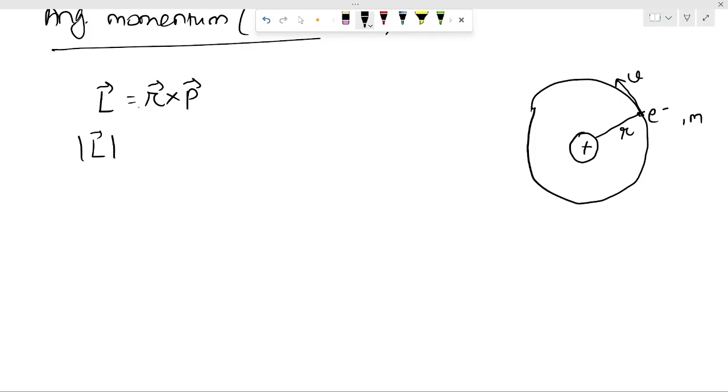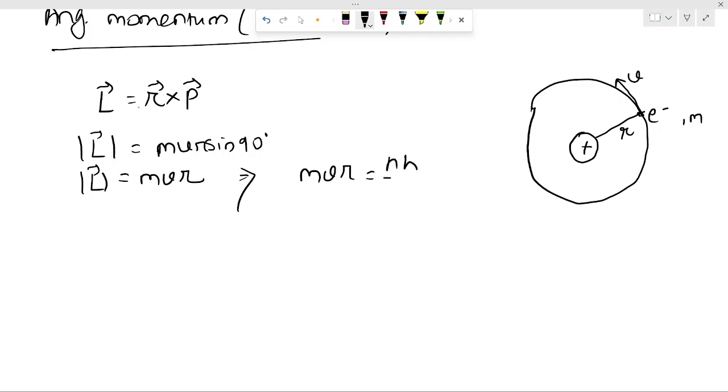The magnitude will be equal to mvr sine of the angle between them, that is sine 90. So it becomes mvr, isn't it? Yes, so mvr is equal to n h by 2 pi as an integral multiple, where n is an integer having values 1, 2, 3, etc.